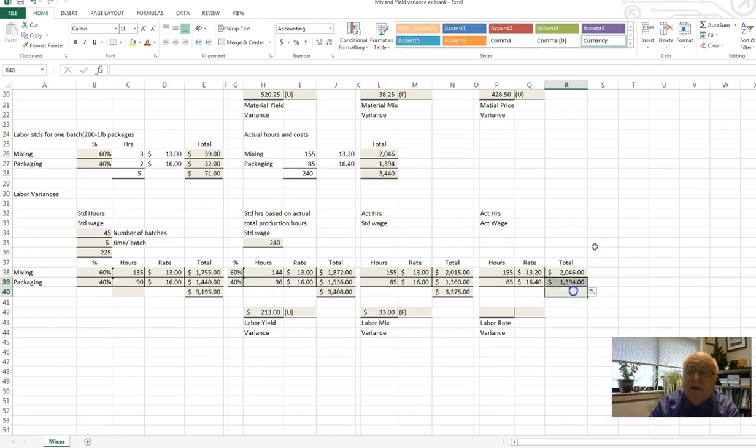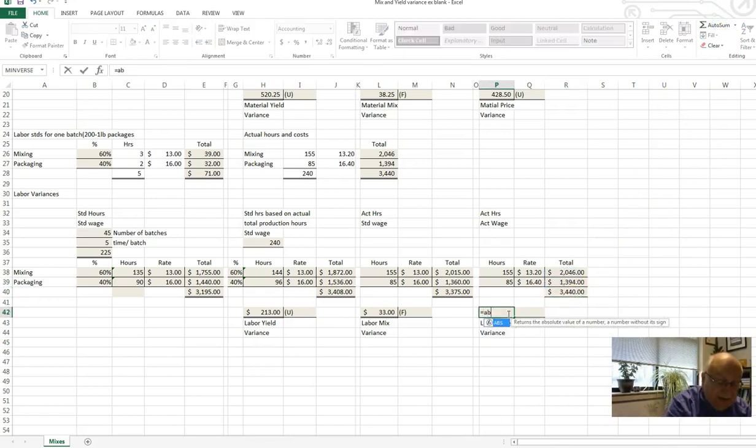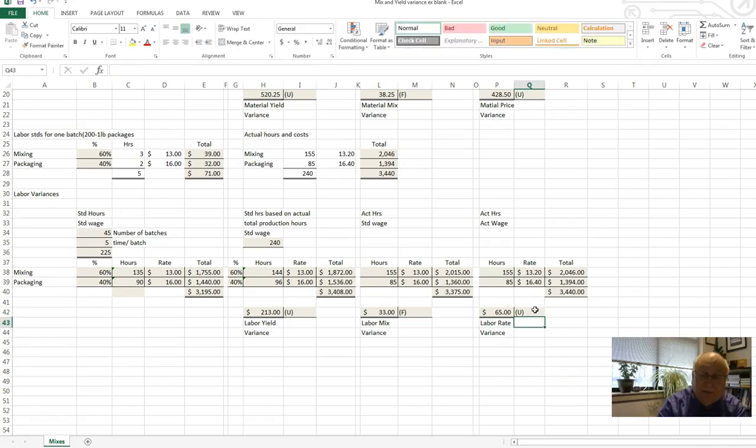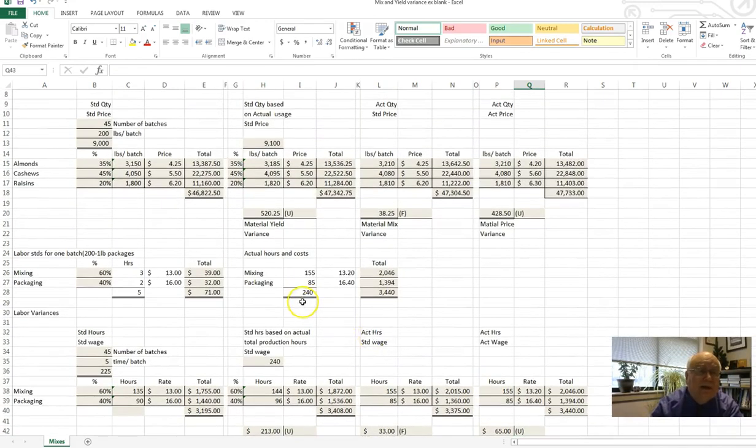Add them up. It's 3440. Okay. Equal ABS 3375 minus 3440. And again, this one will be unfavorable. And that's the labor rate variance. So that's your mix variances for the material and for the labor. And hopefully that helps.